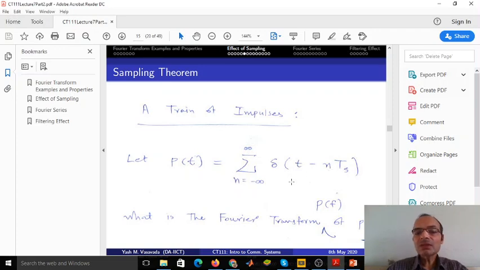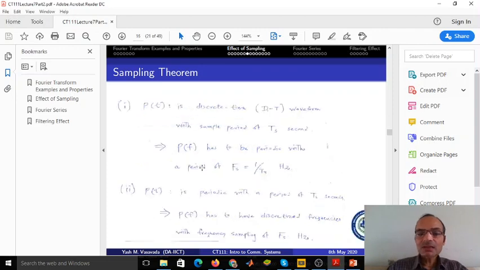For all the other values of time, p of t is 0. And so we are justified in calling it a discrete time waveform. And we have said that whenever a time domain signal is discretized in time, its frequency spectrum has to be periodic with a period of F s hertz. So that is the first observation that we will make.